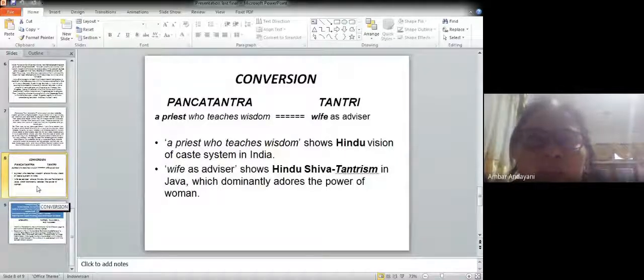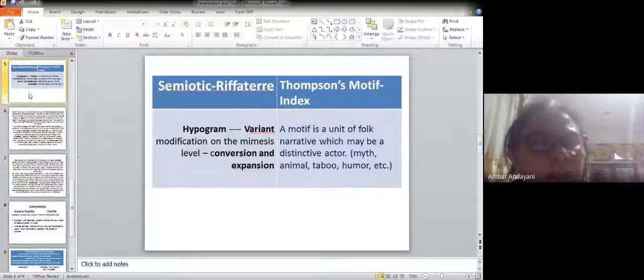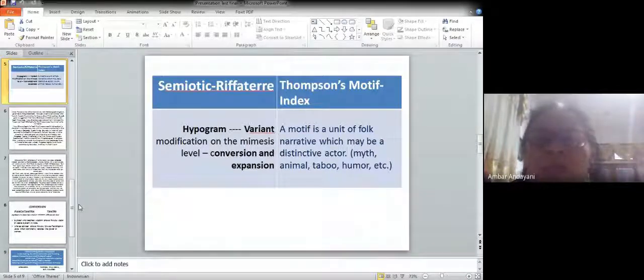There is also a modification in the variant, a conversion or expansion. For motifs, I used Stith Thompson's classification, in which the motif is the unit of folk narrative, like myth, animal stories, taboo, and humor.